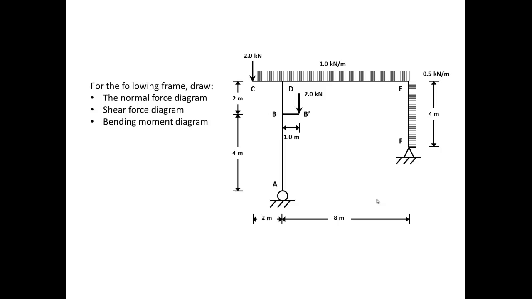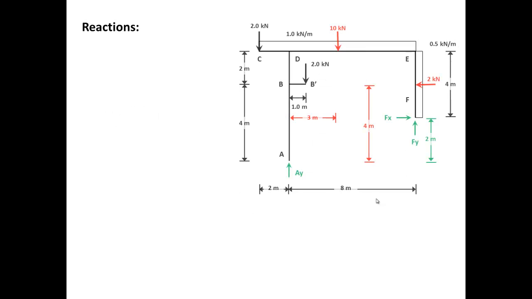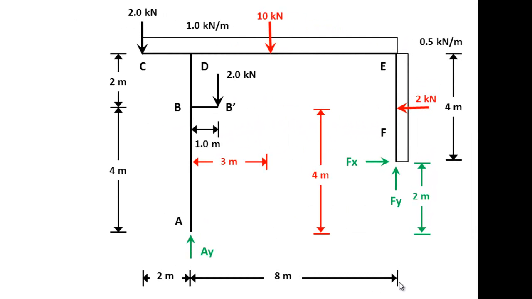Now let's get started. First step, reactions. Before we do the reactions, remember, all the distributed loads should be concentrated loads. So the load on the member EF has a value of 0.5 kilonewtons per meter.